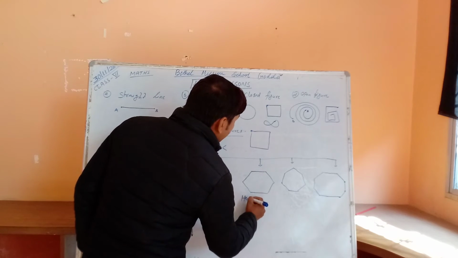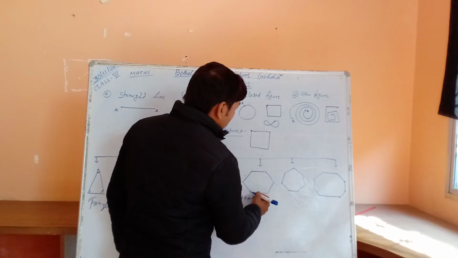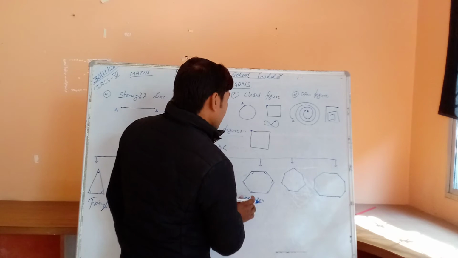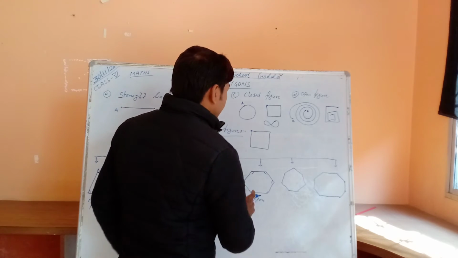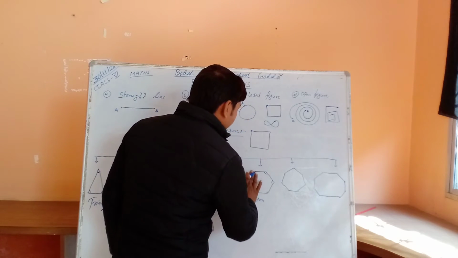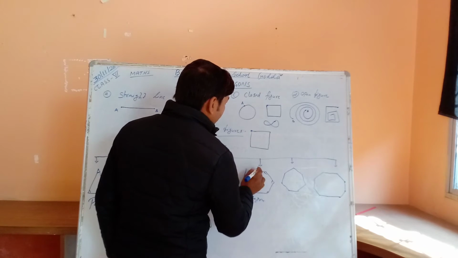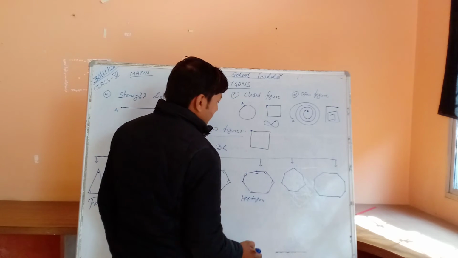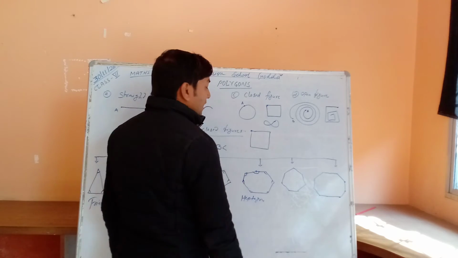What is a heptagon? 7 angles here: 1, 2, 3, 4, 5, 6, 7. With 7 angles, that is a heptagon.